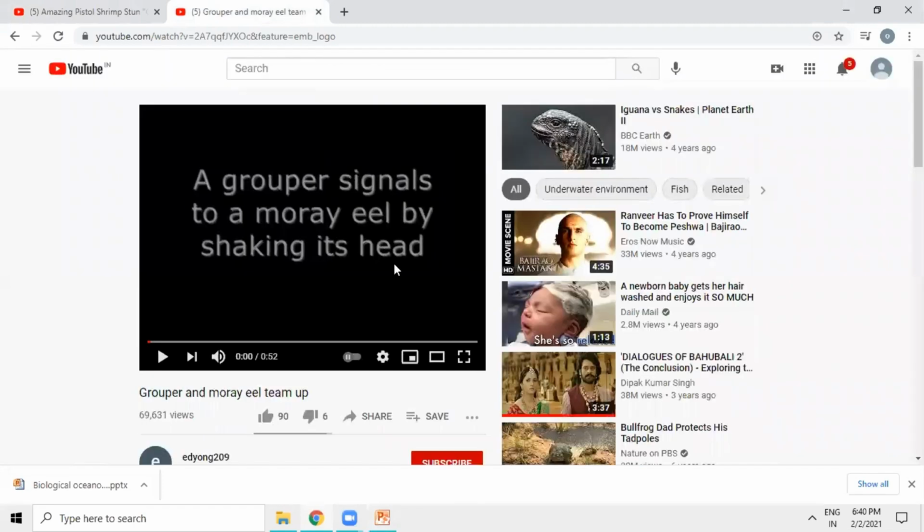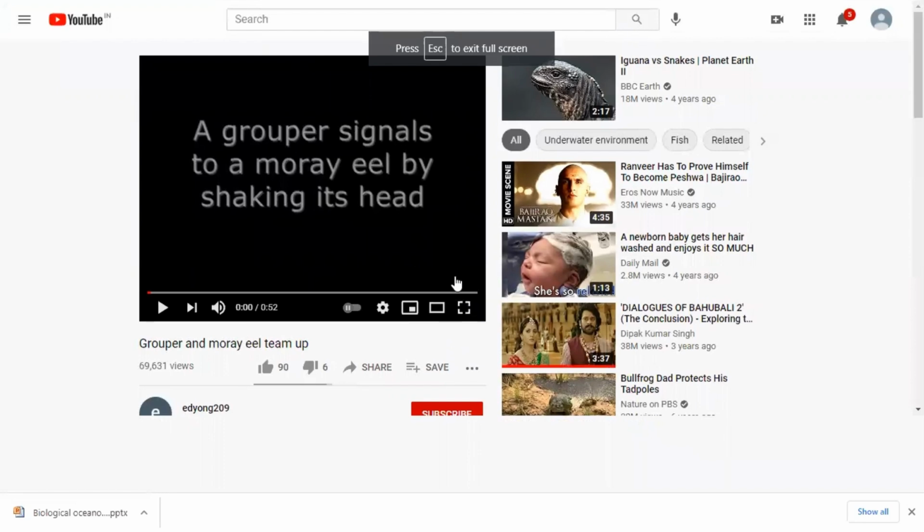And if the eel misses, what happens? The prey will try to go to the surface, and there the groupers are. So likewise this cooperative hunting goes. Before I run this video, I would also say that in this case too, whoever catches the prey, whether it is the grouper or the eel, it is fed by the one which catches. It will not be shared.